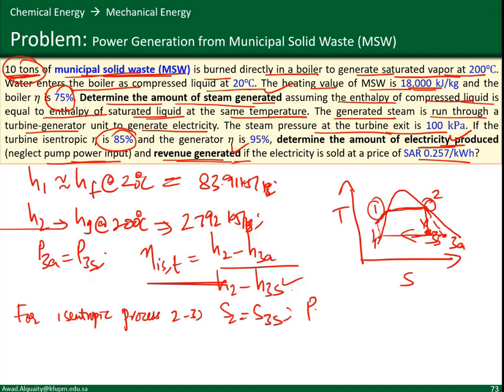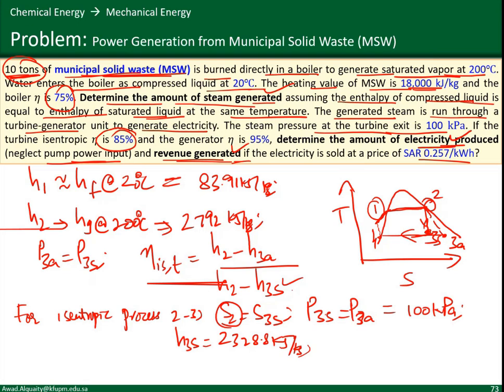And we also know that the pressure at state 3, whether it's actual or isentropic, is given as 100 kilopascal. So by making use of the pressure and the entropy that is provided to us, we can calculate the enthalpy at state 3s. It comes out to be 2328.8 kilojoules per kilogram.